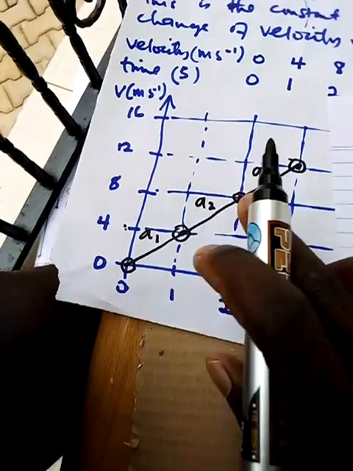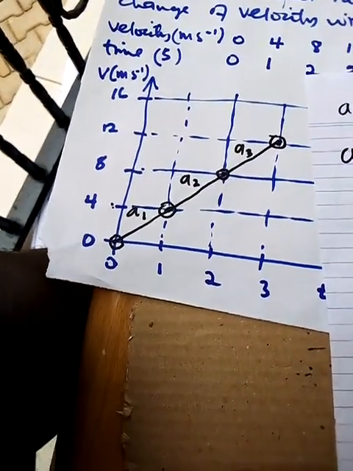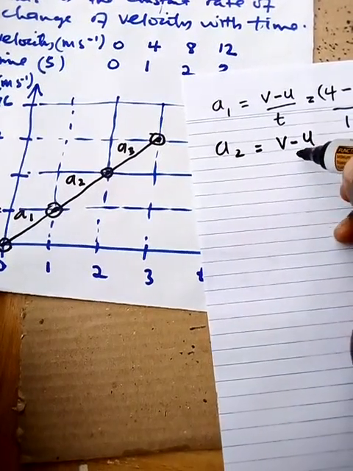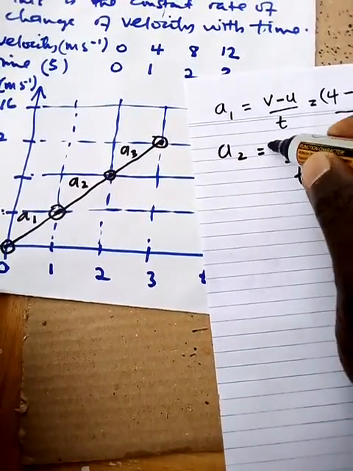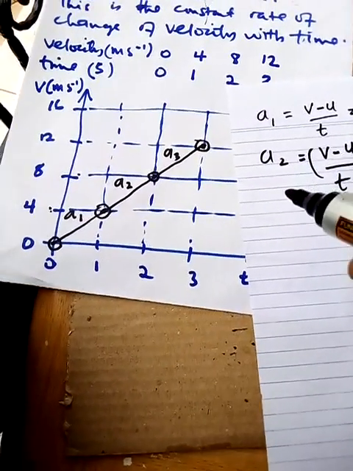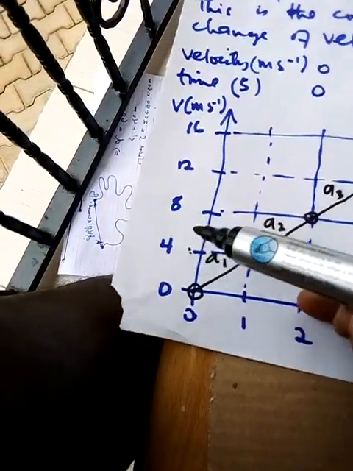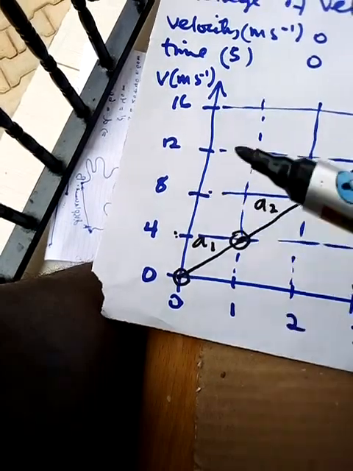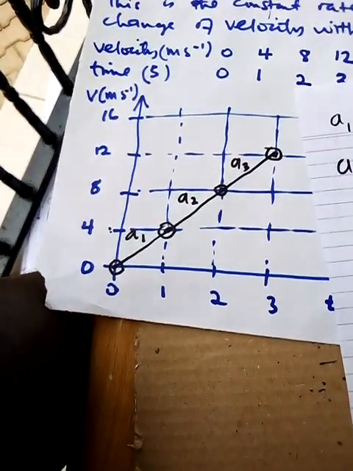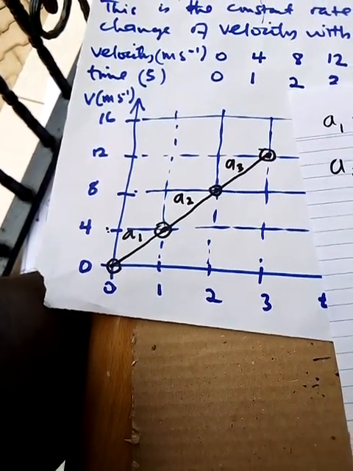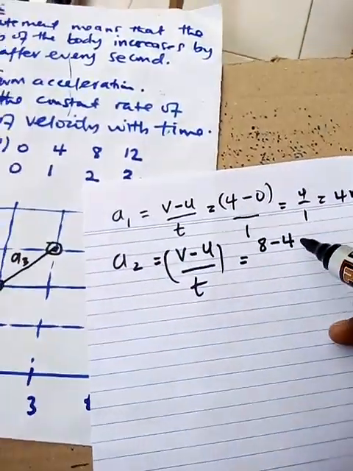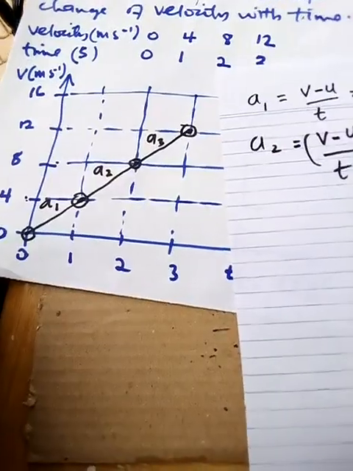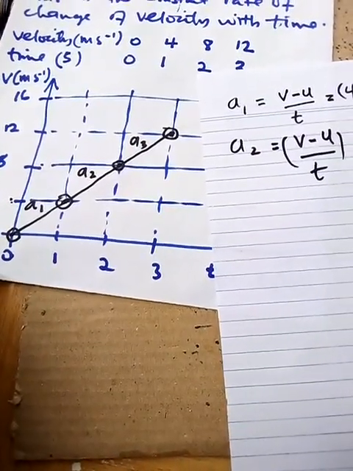Then acceleration number 2. A2 is equal to also final velocity minus initial velocity divided by time taken. The velocity is increasing from 4 to 8, so it is 8 meters per second minus 4 meters per second, divided by the time. Time taken is now 2 minus 1.